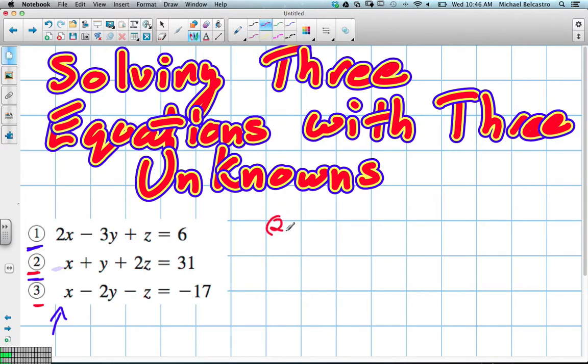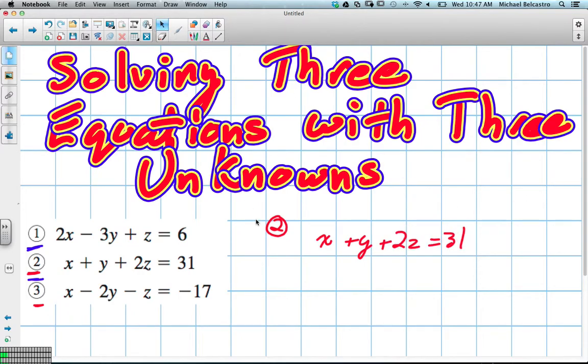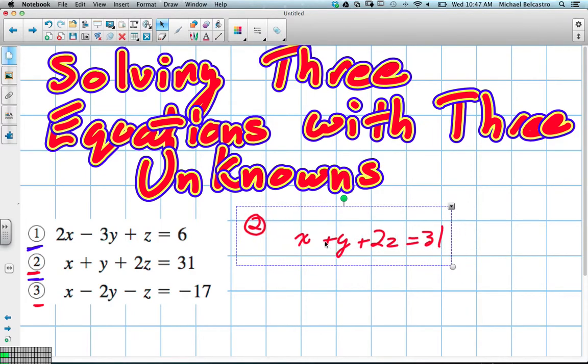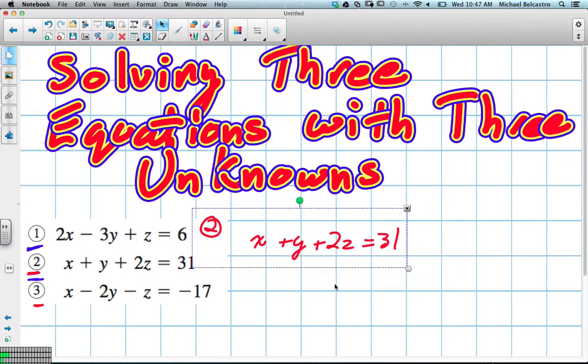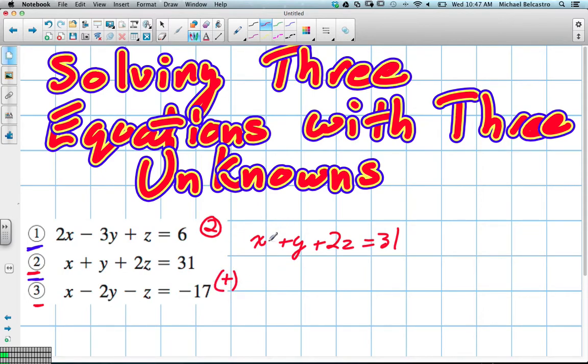So equation 2 reads x plus y plus 2z equals 31. Okay, I want to move this over so we have some room. And since I find addition the easiest mentally, I want to add these equations. I'm going to take equation 3 and multiply it by -1.